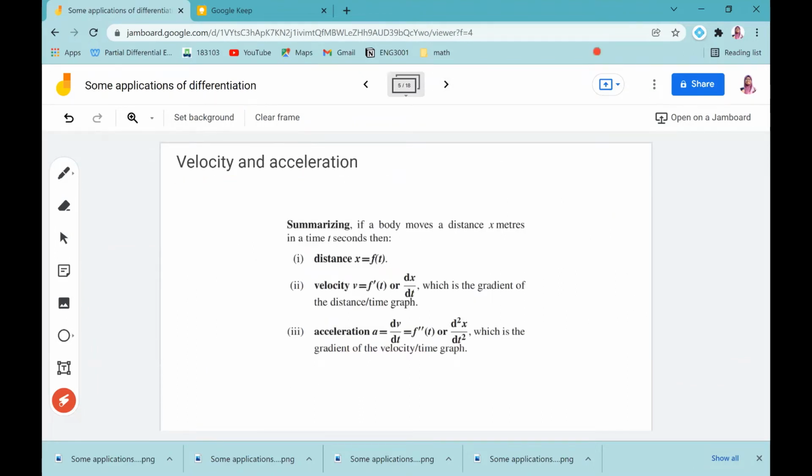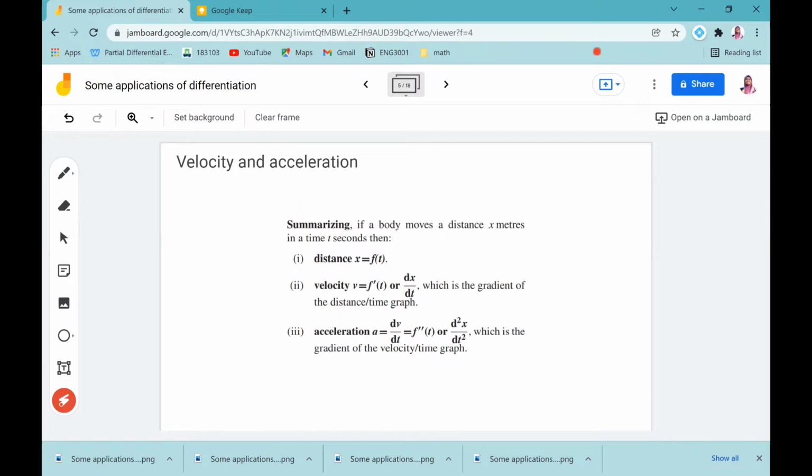If a body moves a distance x equal to f of t, then we have velocity v. v is the change of distance over time, so it is also known as dx over dt.